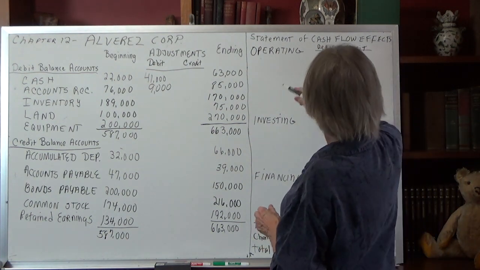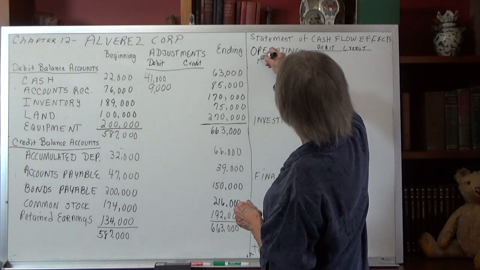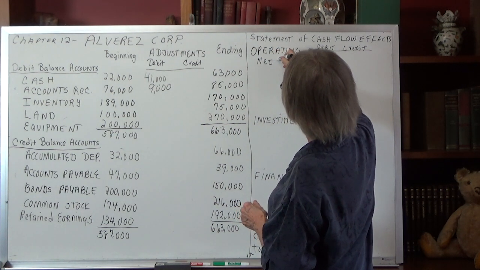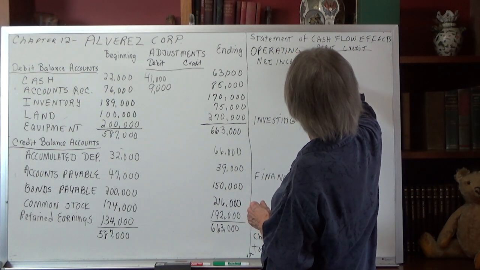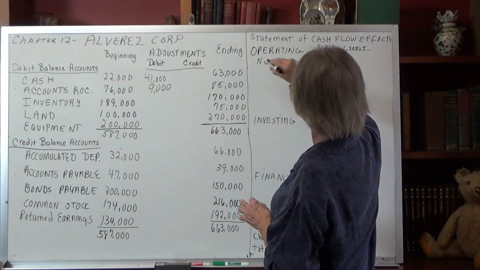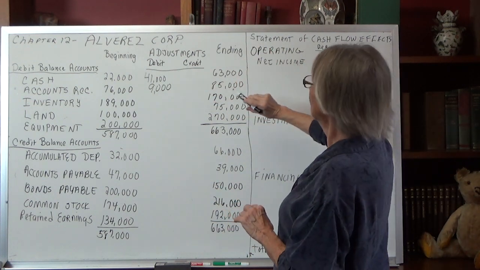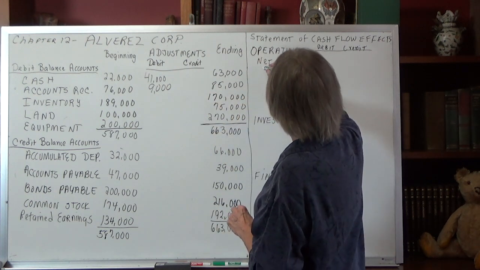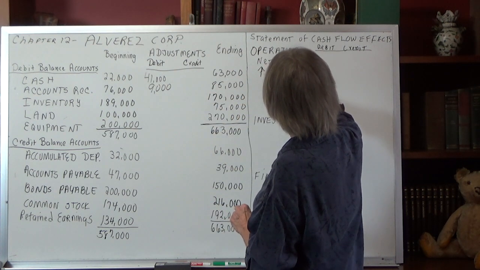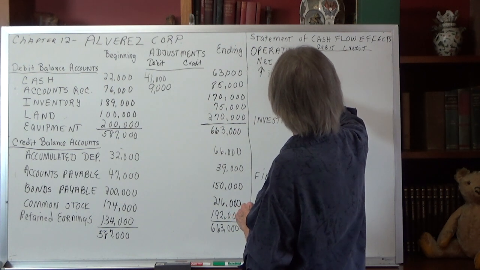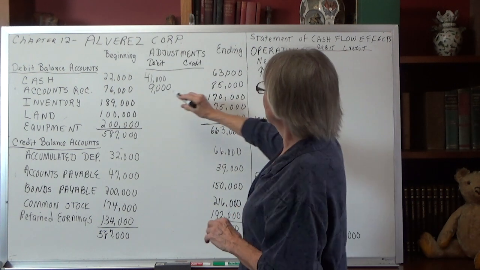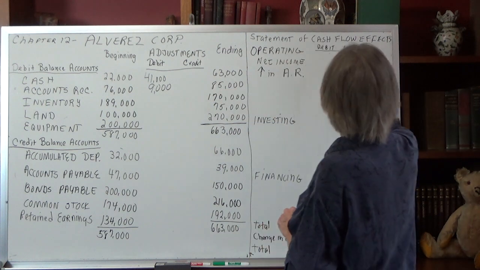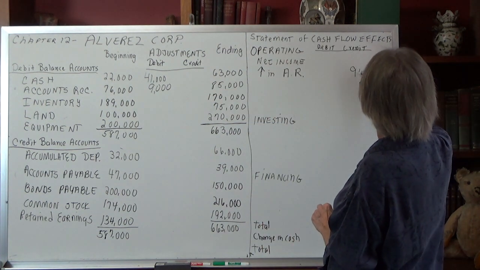So we're going to go to the operating section, and remember the first item that we really want here is net income, but we'll get to that later. Okay, so now what we've had is an increase in accounts receivable. So we can simply say we had an increase in accounts receivable. It's a debit entry here, it's going to be a credit entry over here.